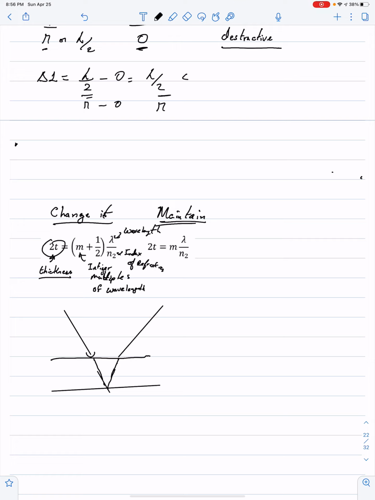We are making the assumption that instead of going through this little angle right here and finding D, since it is so small, the actual ray is just doing this. It's going downwards in the film, straight down, and then straight back up.